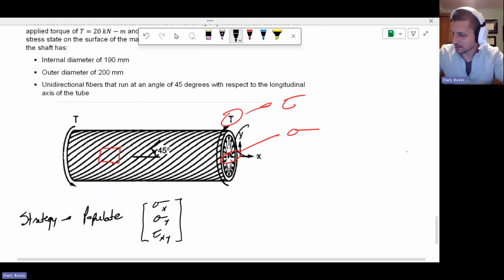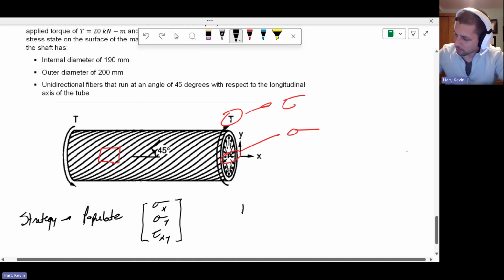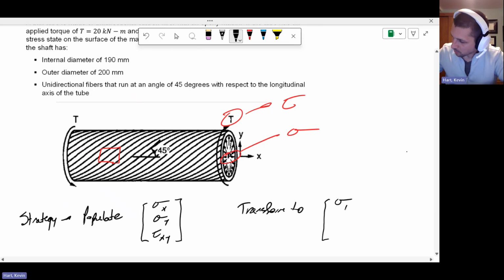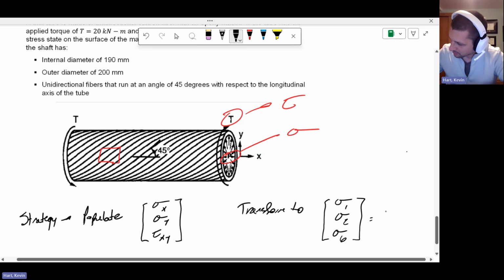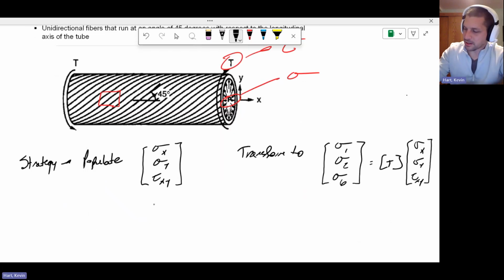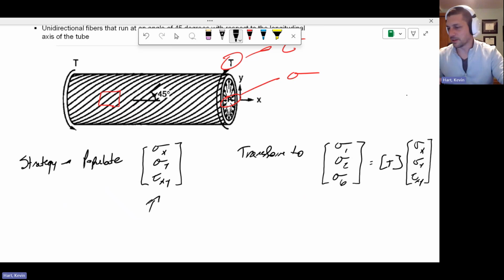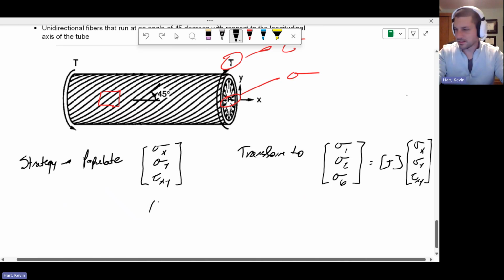So we see this xy coordinate system of the tube itself, and then transform to sigma 1, sigma 2, sigma 6 using the T matrix. Bang. All right, so let's go ahead. The trickiest bit is actually populating this matrix here. So let's take a look at that.